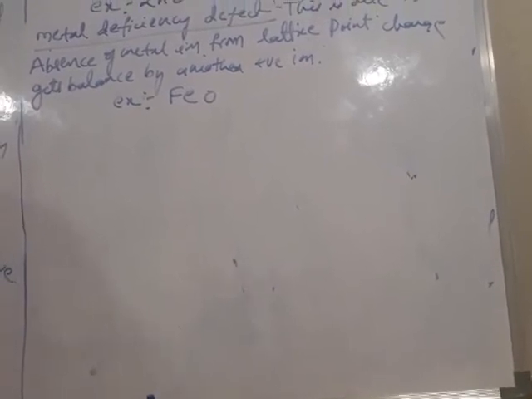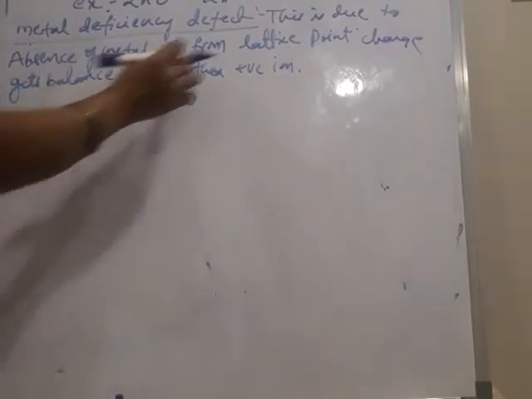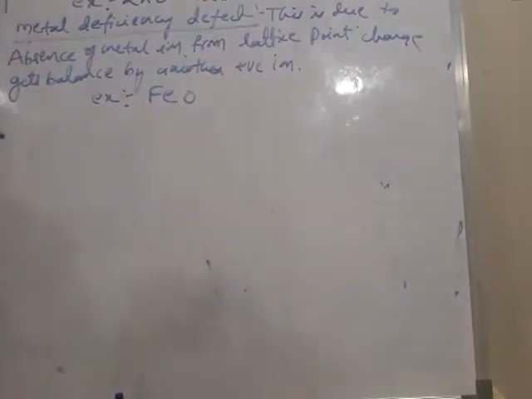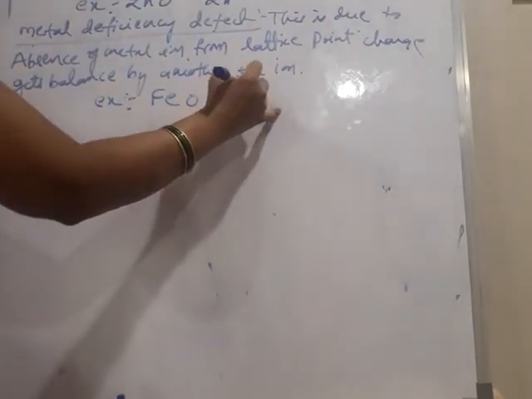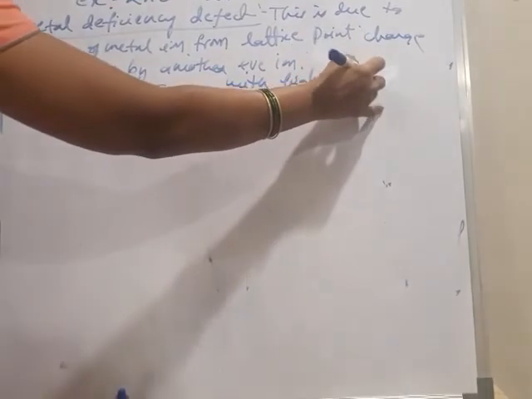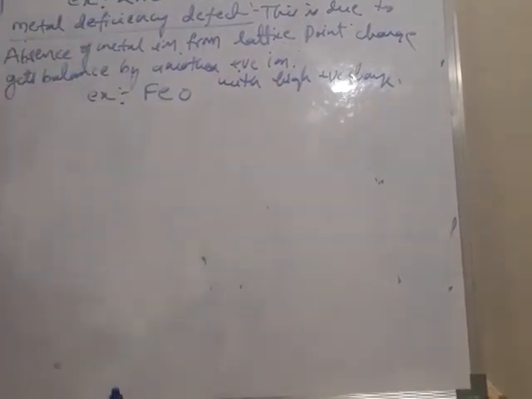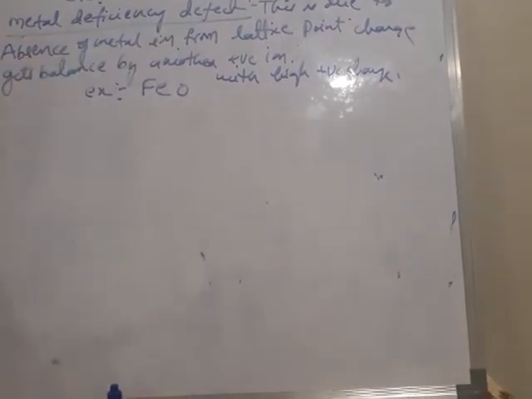The charge is balanced by another positive ion with a high positive charge. So an ion having a high positive charge balances that vacancy, which is created due to the absence of the metal ion.